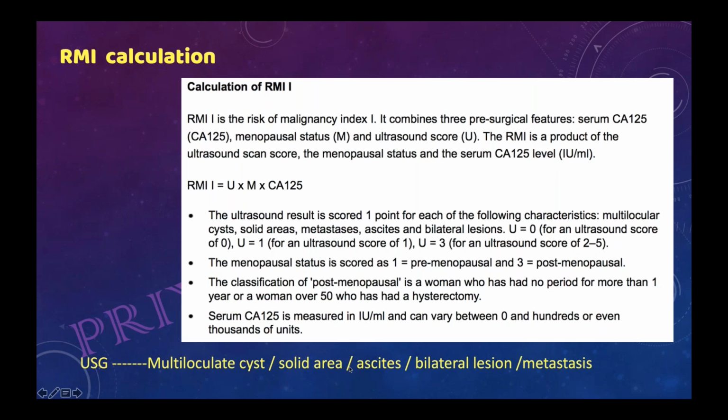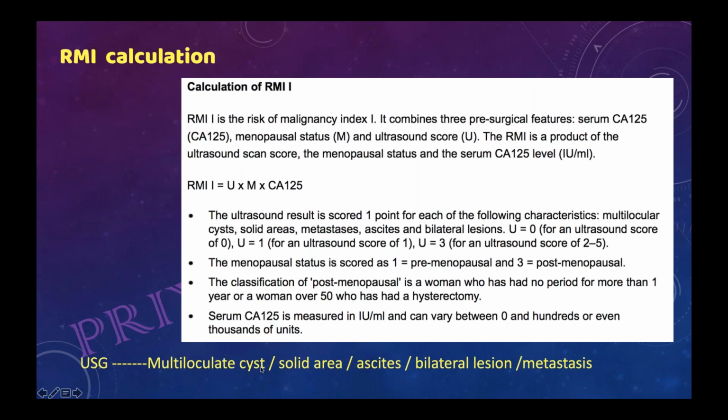Okay, so if you find only one USG criterion is there, then the score will be 1. But if you find 2 out of these 5, then it will be 3.